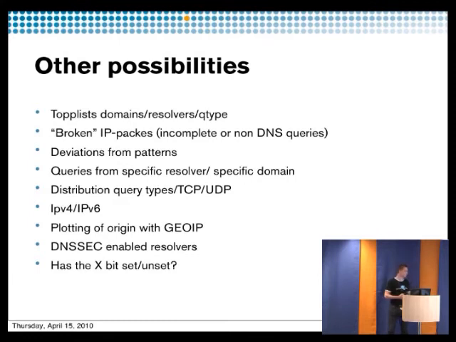Broken packets, always interesting. As it is designed today, if you get a malformed DNS packet or someone trying to hide another kind of data in a DNS packet or something, those queries are put into a separate table in the database. So those queries you can see the full query.